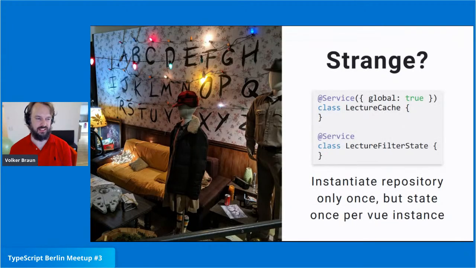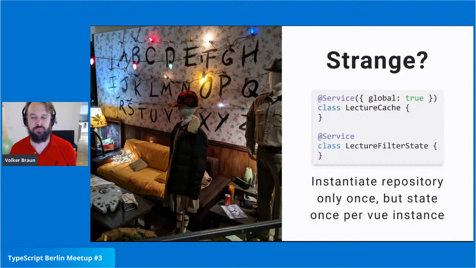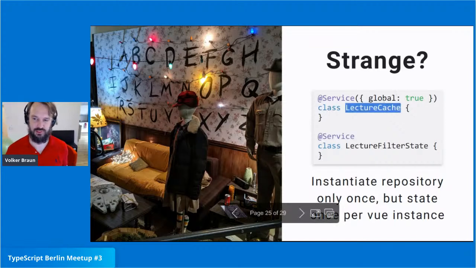But if you now naively come, then you want to load data only once. Every plugin that's running in a different place on your page probably wants to have different state, but not the entire state should be different. I would like to have the same repository for each one of those. And that actually also works really nicely, because you can declare some service to be global.